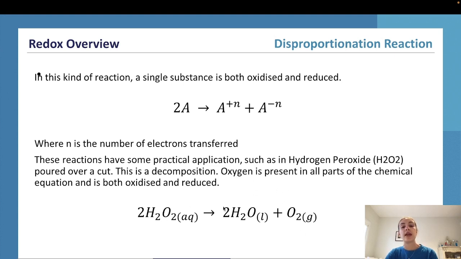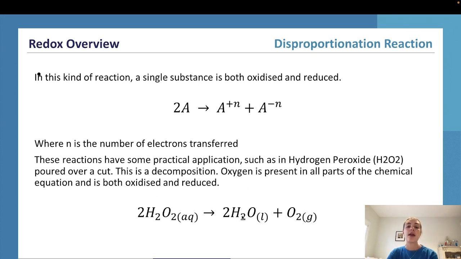Then when we look over here, hydrogen is going to stay the same at plus 1 because it is a spectator ion. But in water, we know that oxygen has an oxidation number of minus 2. So we've got minus 2 plus 2, that gives us 0 overall.